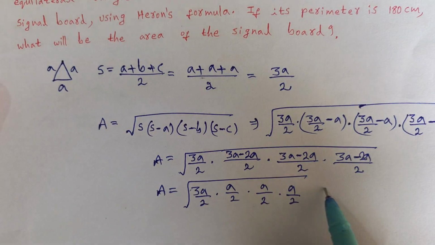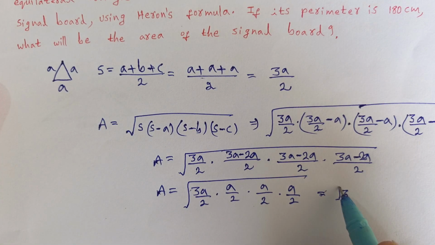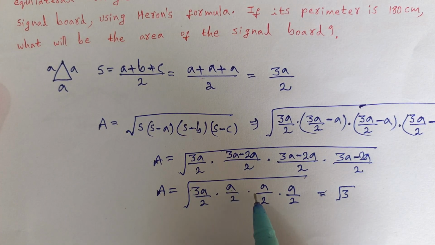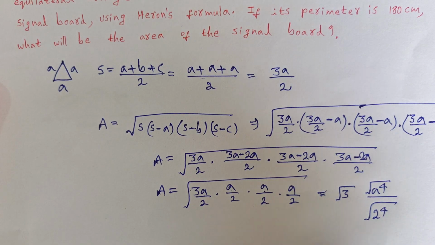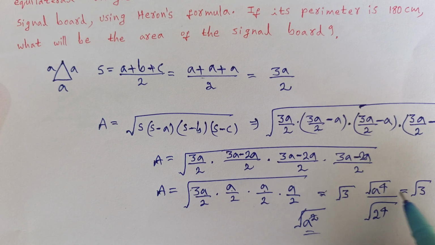If you bring root 3 outside, here a into a into a into a, we will have a power 4 divided by 2 power 4, all under root. A square root of a square gets cancelled, so a power 4 gives a square left in the numerator.